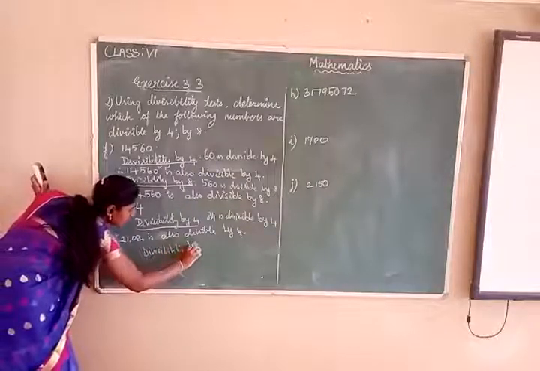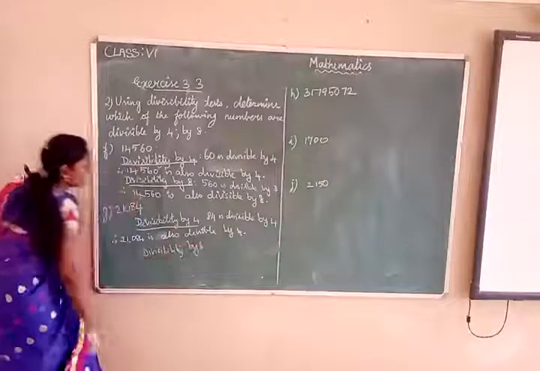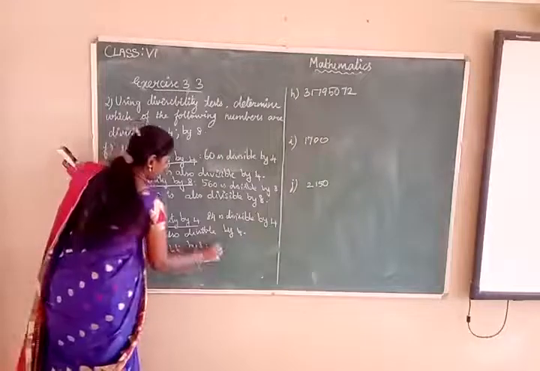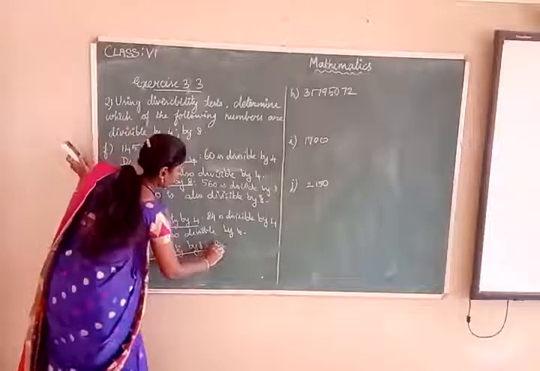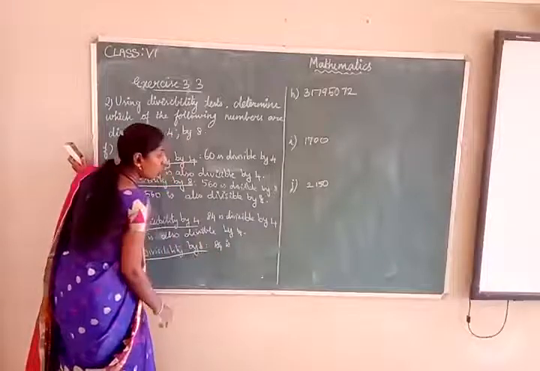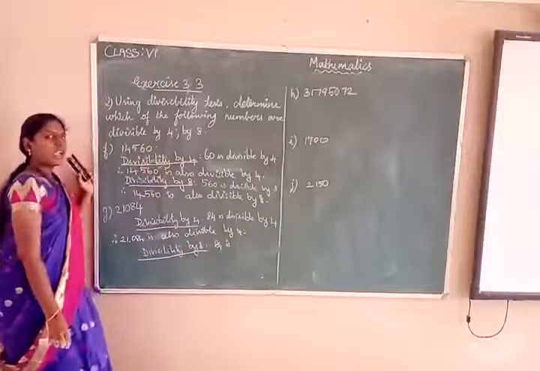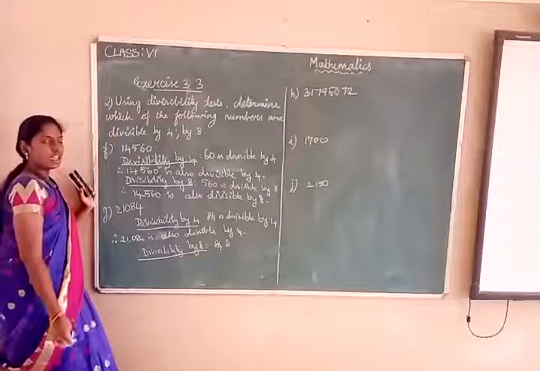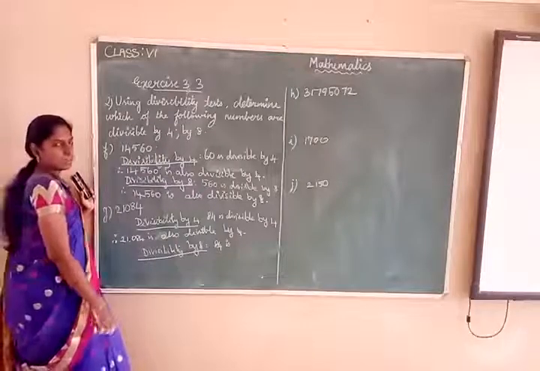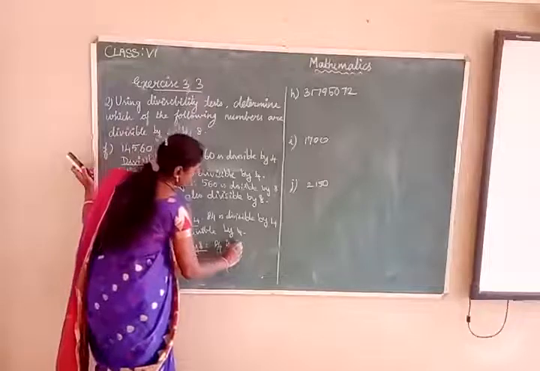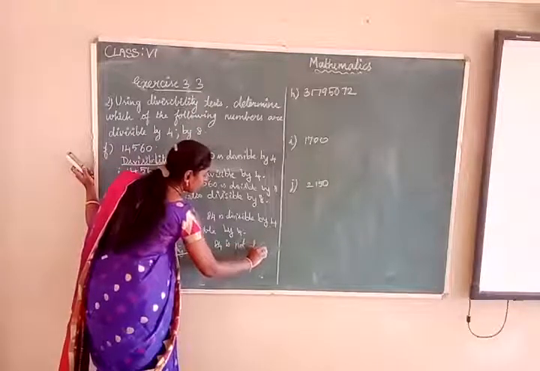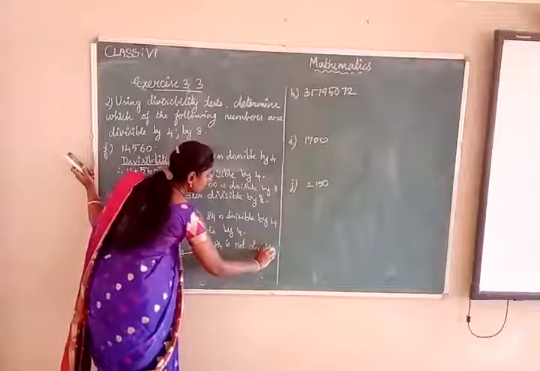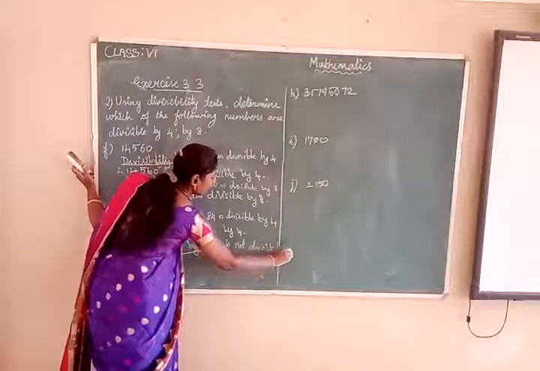Then divisibility by 8. Is 84 divisible by 8 or not? No. 8 tens are 80. After that, 8 11s are 88. 84 will not come in the 8 table. So 84 is not divisible by 8.